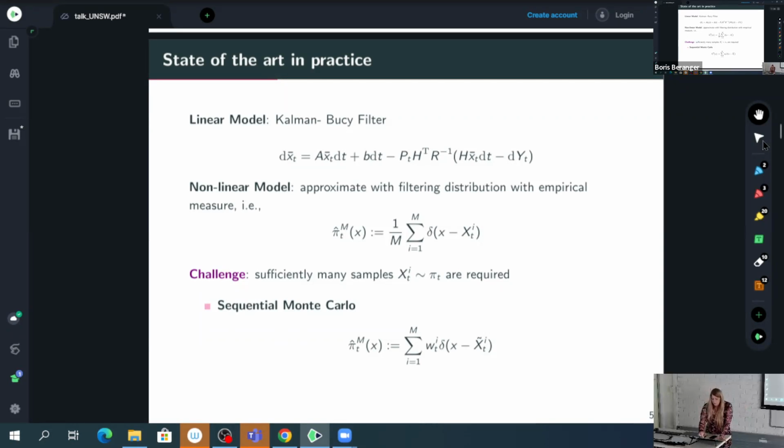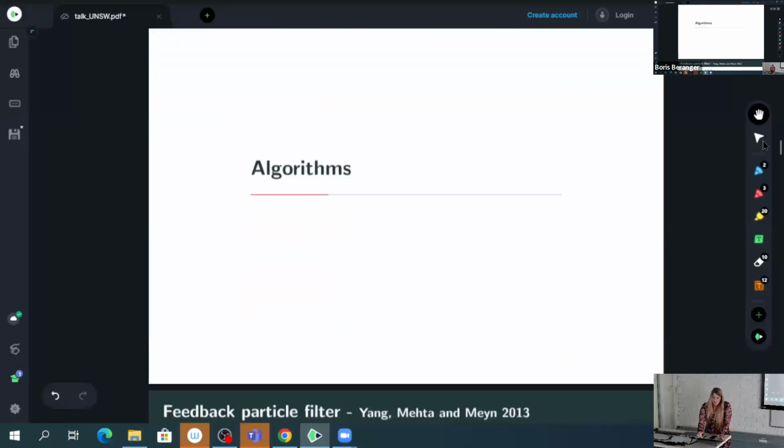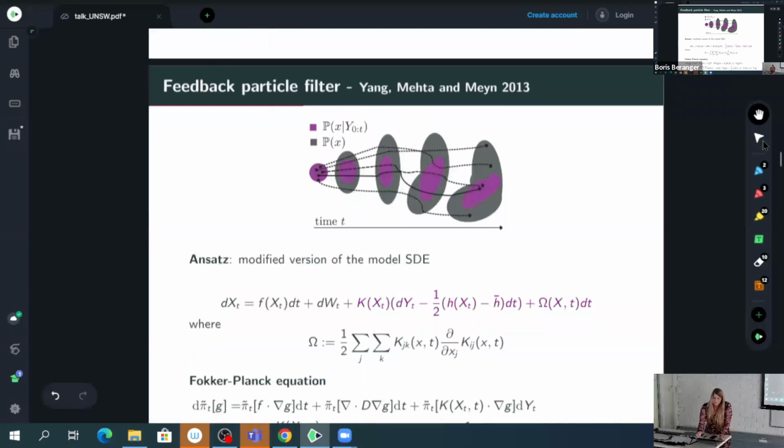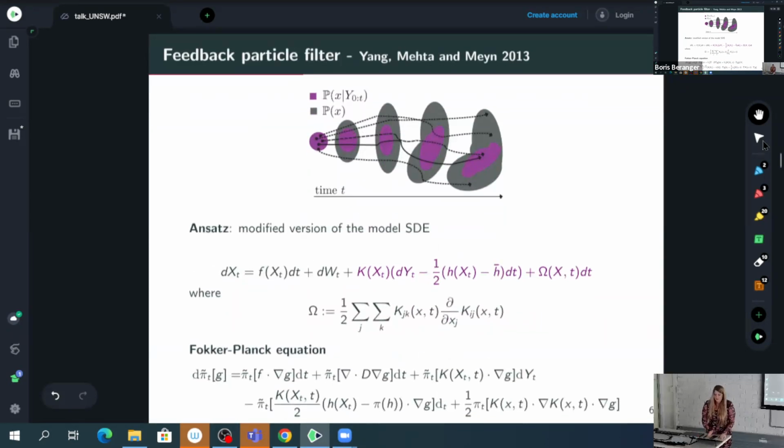And one thing people do is, despite being in a nonlinear setting where you know that the posterior is actually not a Gaussian, you would like to have similar evolution equations, like in the linear case, where you just know how the first moments evolve. It would be nice to have evolution equations just for the samples in time, and then you could generate samples of the posterior distribution.